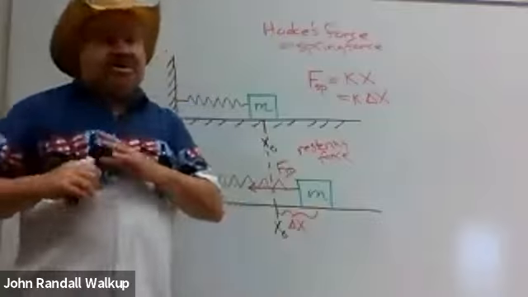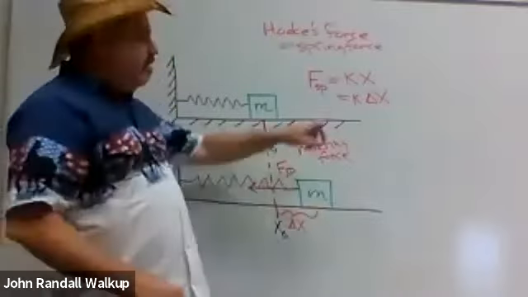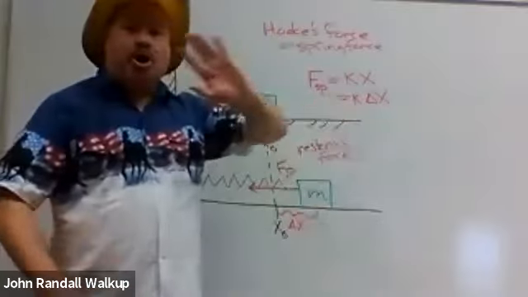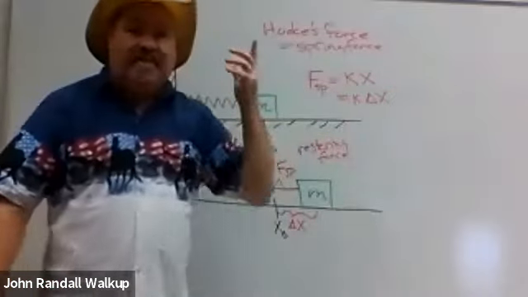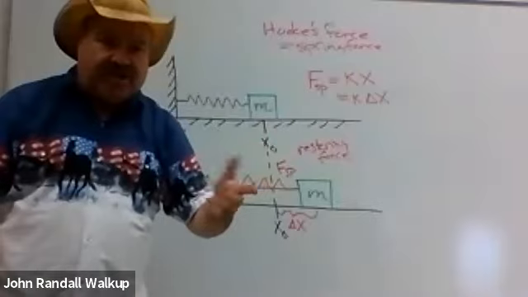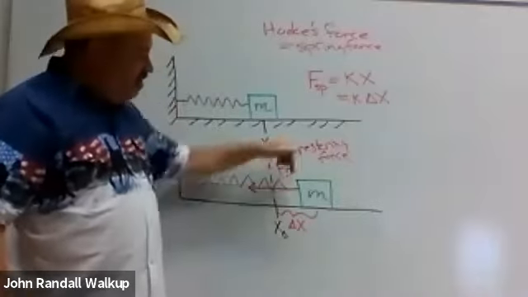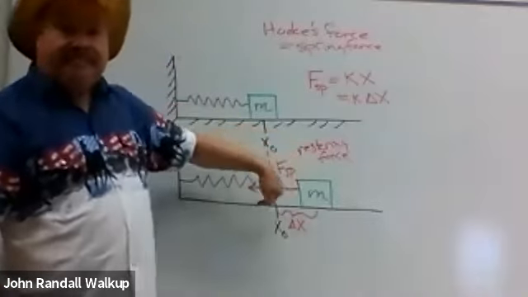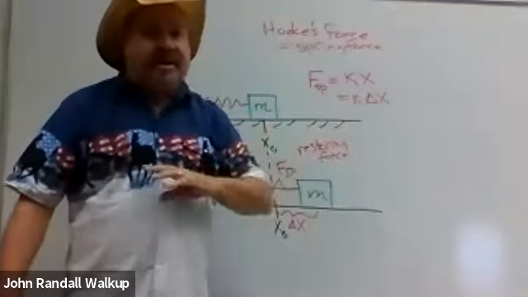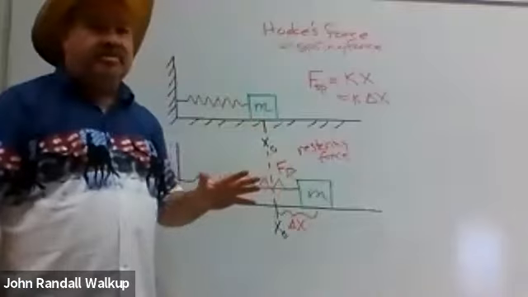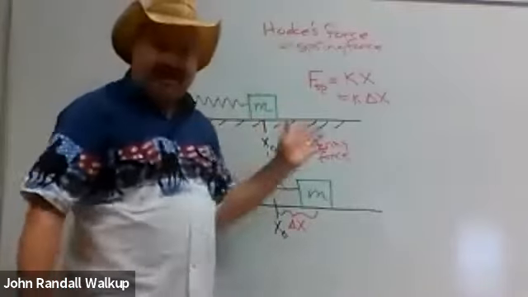Now in your book, and just about everywhere on the planet, they'll put a negative sign in here. No, this equation tells you the magnitude of the force. The direction is denoted by the diagram. So I realize there's a negative sign in your book. I do not agree with it. Okay, just telling you.